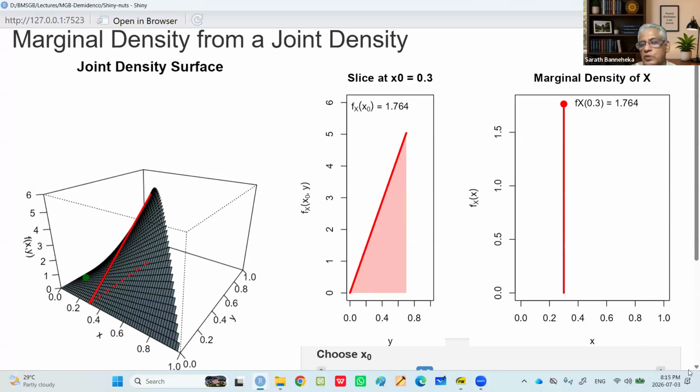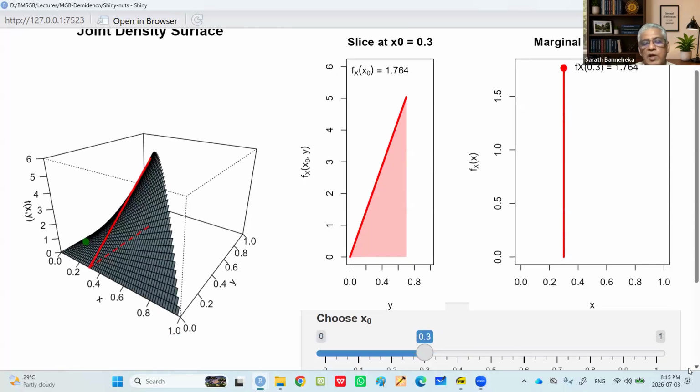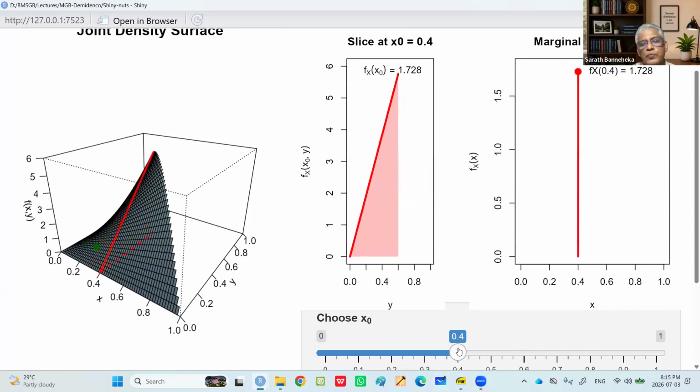Right? So let me show you what will happen if I consider, say, for example, x equal to 0.4. In that case, I'll be cutting this axis vertically at this point, right? And this is the cross section that I will see if I look from this side after cutting. And so what I need is the area of this triangle in this case.